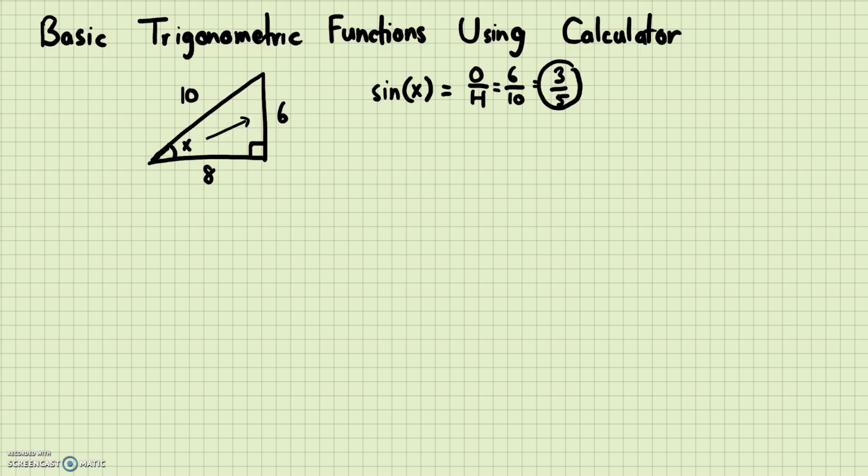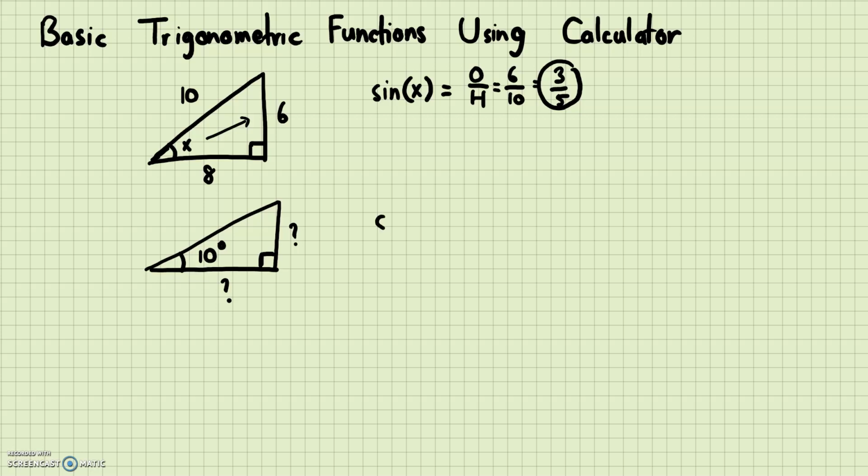But sometimes you don't know the sides of the triangle, but you do know the angle. So let's say that this is 10 degrees. You know the angle, but you don't know the sides. In this case, you do actually need a calculator to solve this.